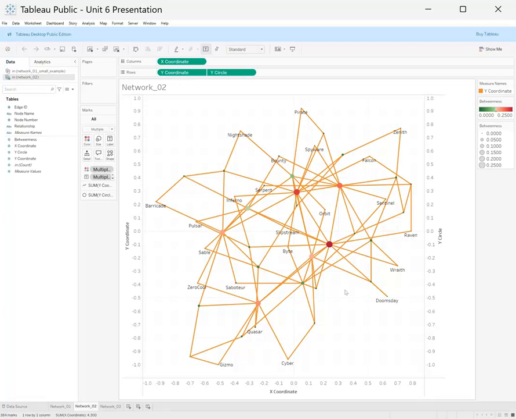This network would struggle to reroute messages if critical nodes fail, suggesting limited redundancy. To improve resilience, I recommend adding alternative paths between major nodes and distributing network loads more evenly to reduce reliance on a few critical points.